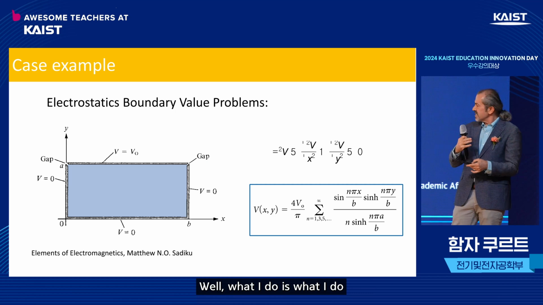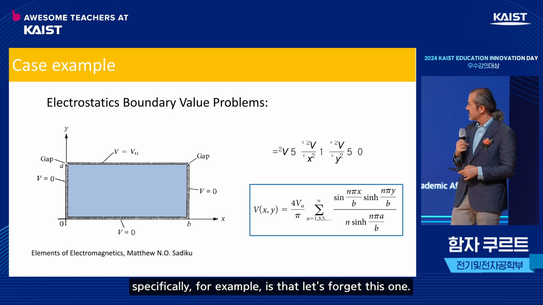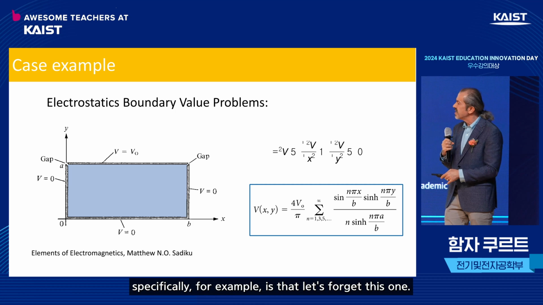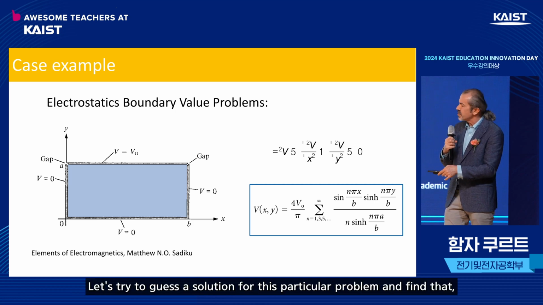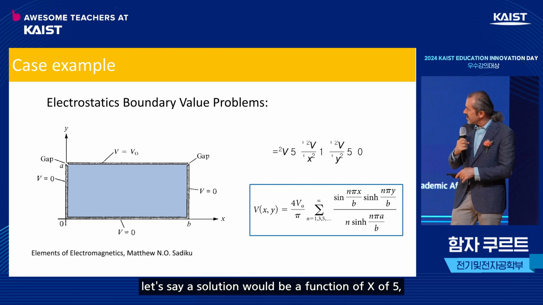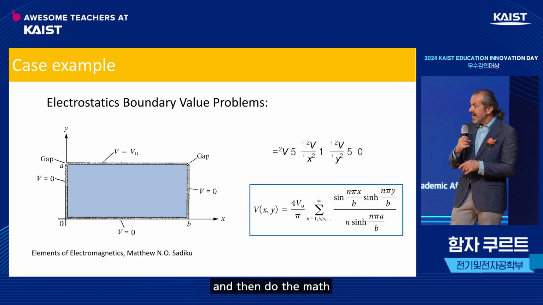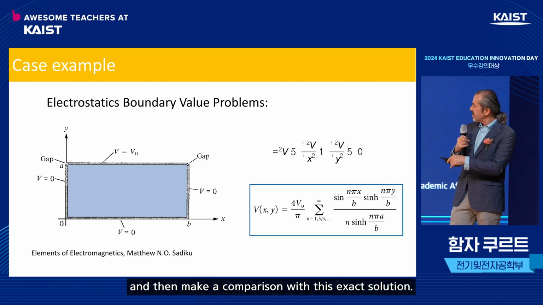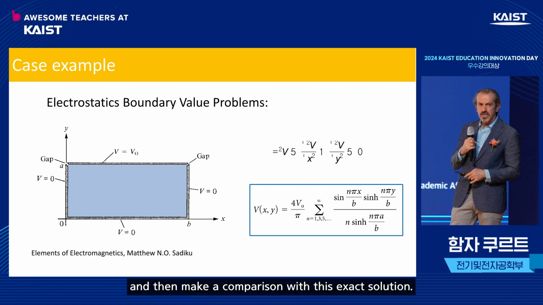What I do specifically for this example is, let's forget this one. Let's try to guess a solution for this particular problem, a solution function V(x, y), then do the math and make a comparison with this exact solution.